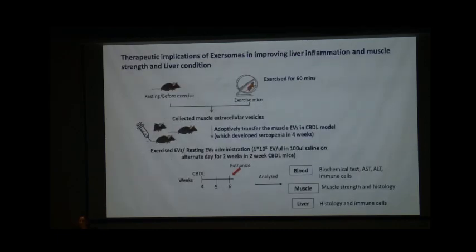Not only this, we also made some healthy mice exercise, took their exosomes and put them in the CBDL mouse model, which is a liver damage model, and we administered them after 2 weeks, and after every 2 weeks we gave the exosomes to them.